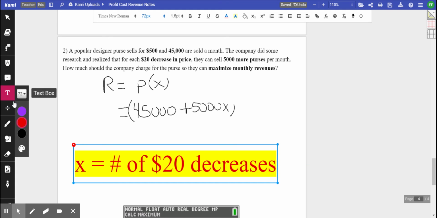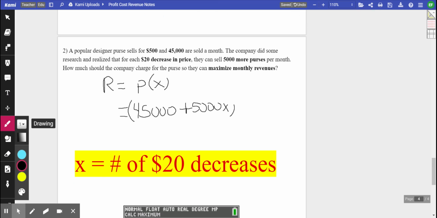We know that our price initially starts out at $500, but we're talking about $20 decreases. So we need to subtract $20 times the number of decreases that we have. This here will give us our revenue function.